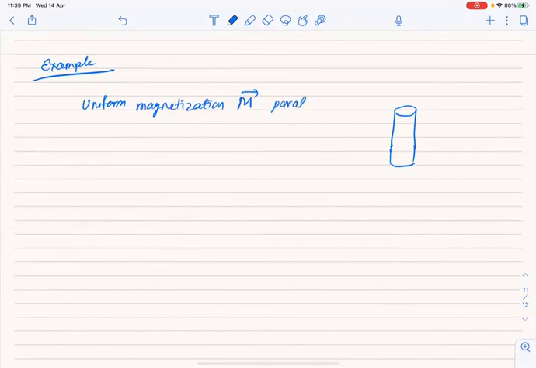That is given. Now what it asks you is to calculate the magnetic field, B due to M, inside and outside.